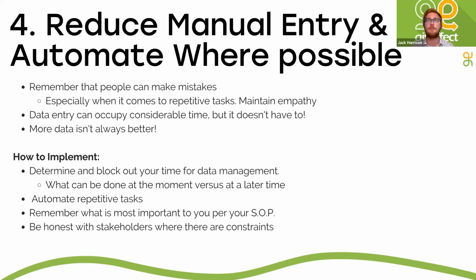And so how to implement this, what to think about: make a commitment, whether you're that data owner or any other relative stakeholder, you're going to have to block out that time. Again, I know we all have various time commitments, but whatever is the best possible fit for your team, maybe it's at the end of every year, and that's the best you can muster because you have that downtime, let's say right after the holidays.